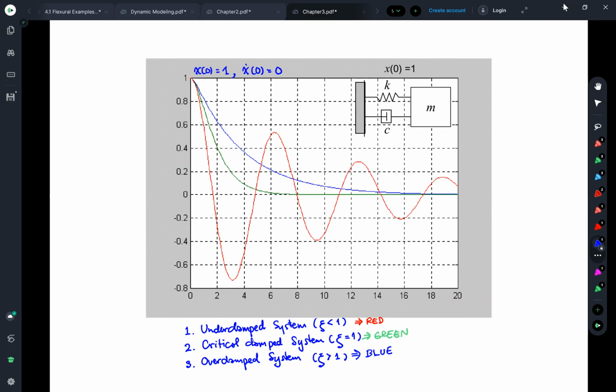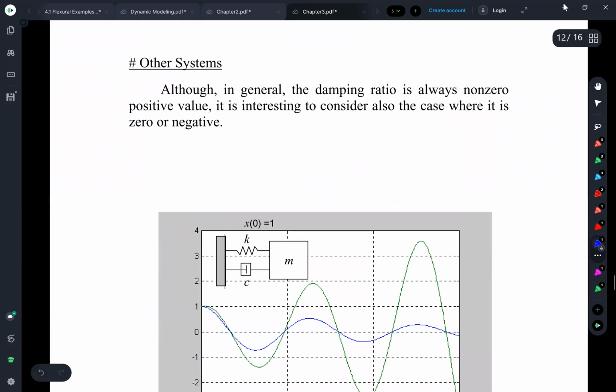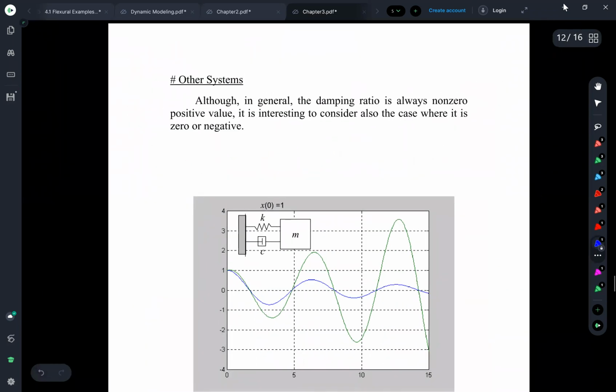We never have a system with a damping ratio greater than 0.5. I never found so. So the damping of our structure is something like 20%, 30% maximum in actual situations. So the lead color is our case, the underdamped system.